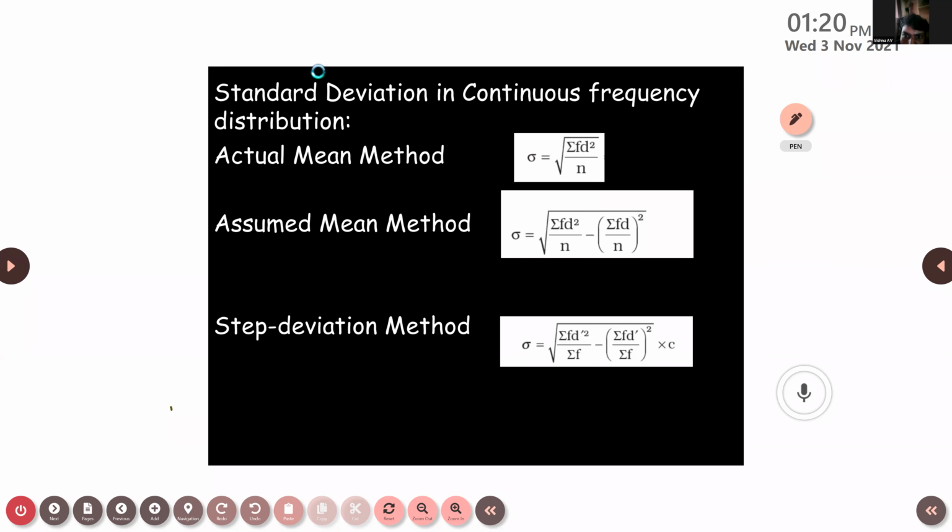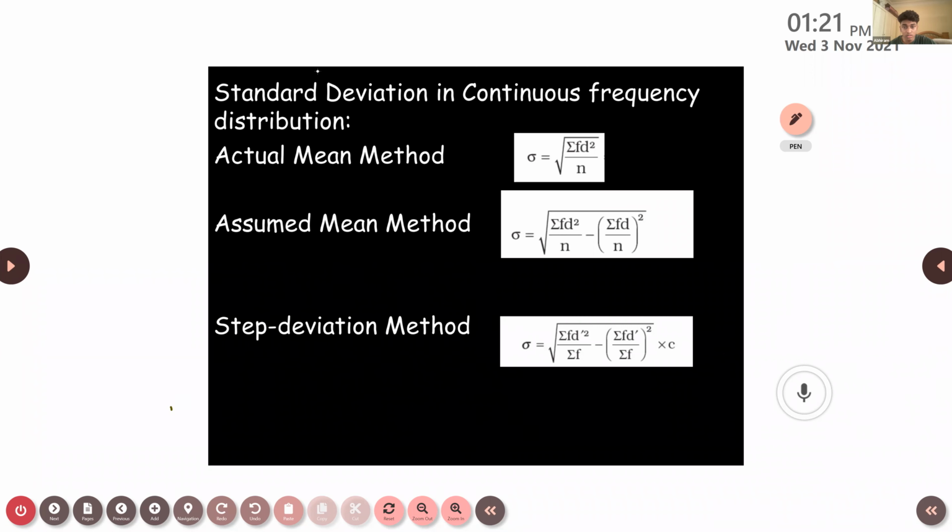Square root of sigma fd square divided by n minus... Abhiram, just tell assumed mean method.